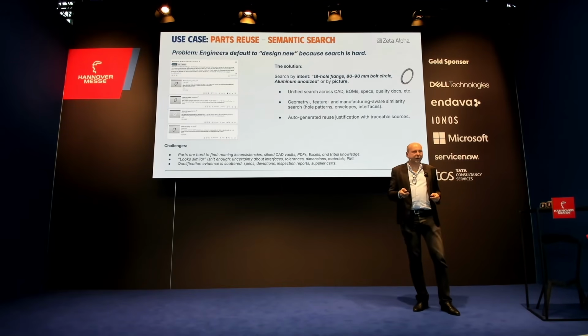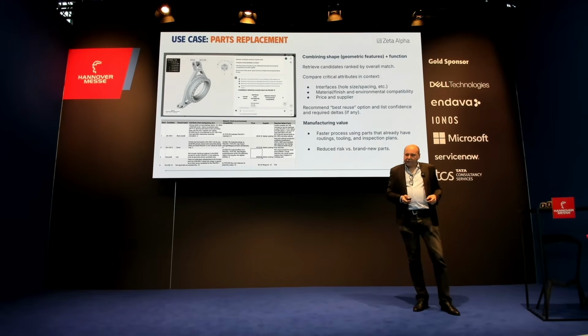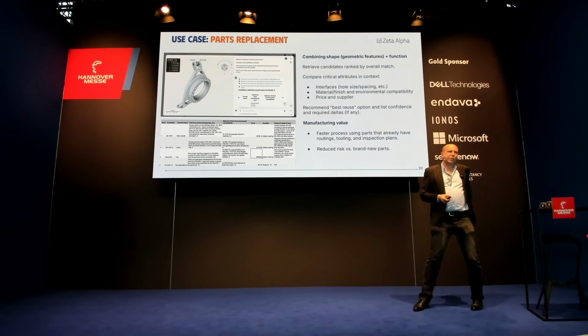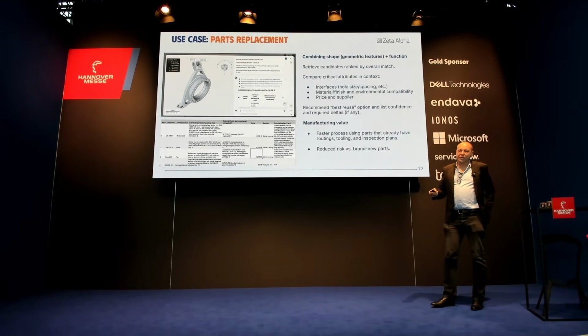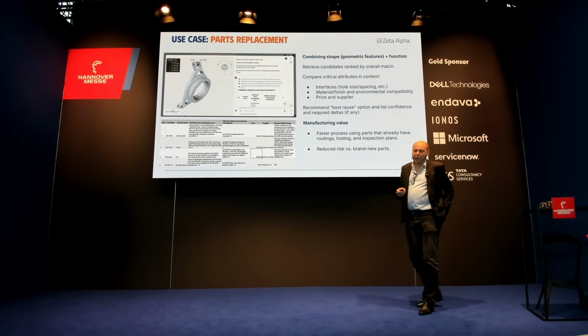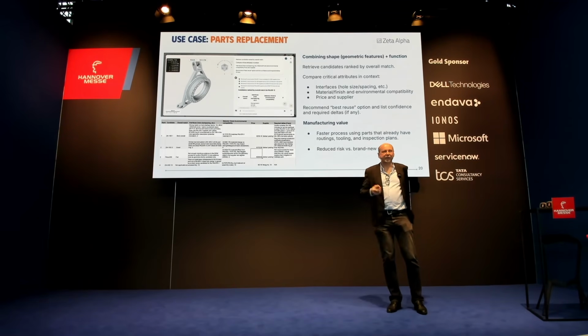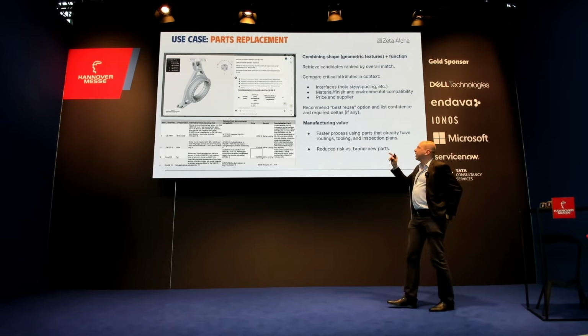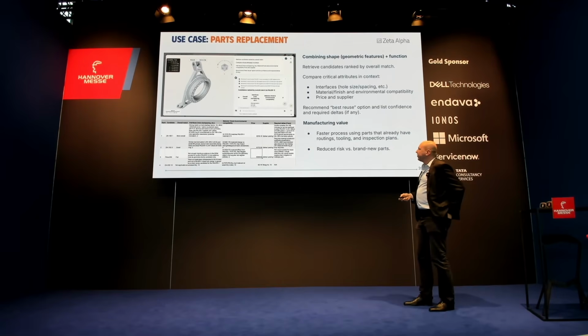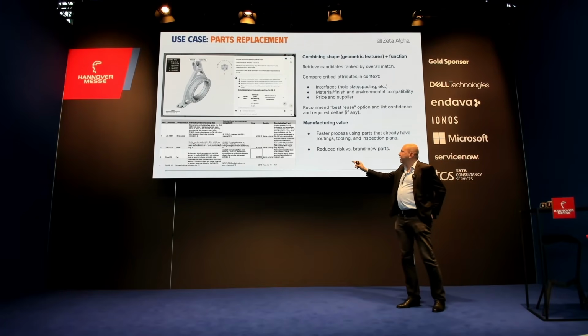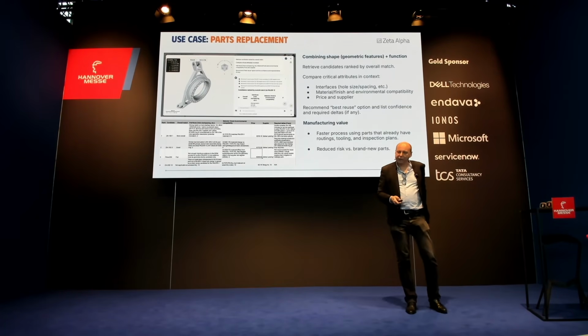traceable source verification. So this is a somewhat more sophisticated example about parts replacements. Here we're prompting a specific set of AI agents for this particular part to find a number of best reuse options, including price and availability, which are taken from other systems.